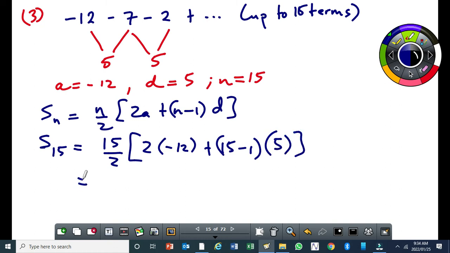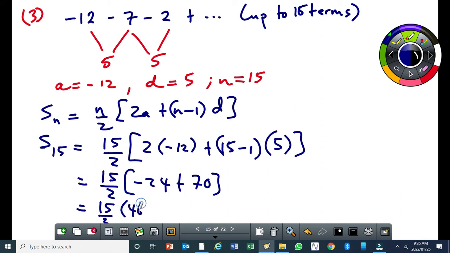Right, so if I simplify this, well, let me just write 15 over 2 and simplify what's inside. That's minus 24. Then 14 times 5, that will give me 70. Okay? Then minus 24 plus 70, that will give me 46. So I'll end up having 15 over 2 multiplied by 46. And you put that in the calculator, so you get 23 times 15.